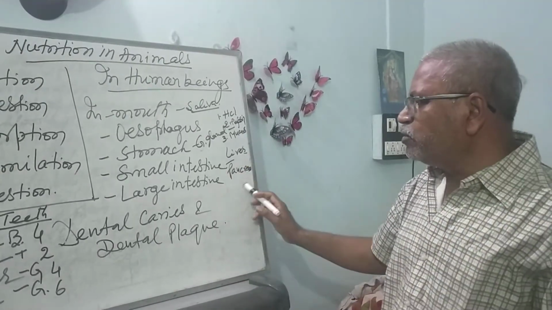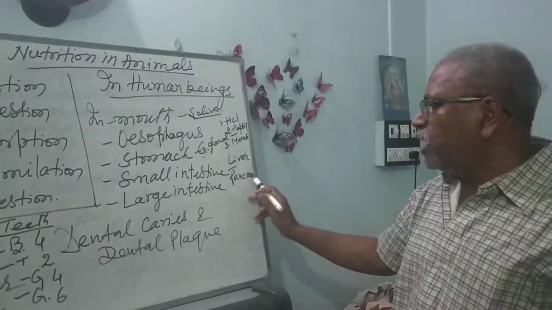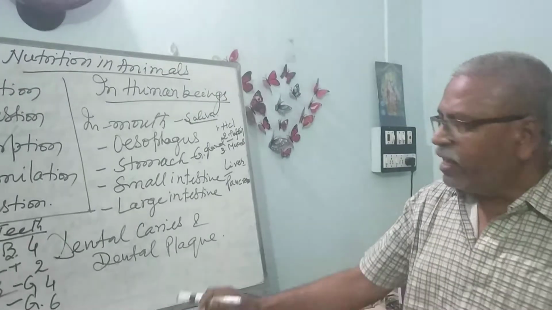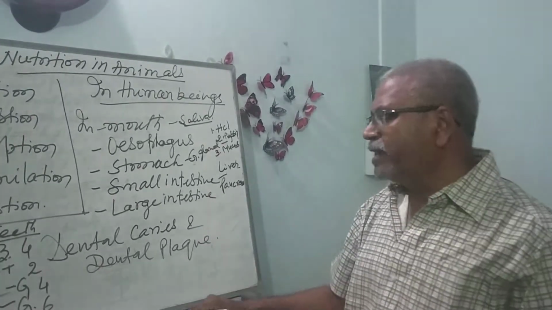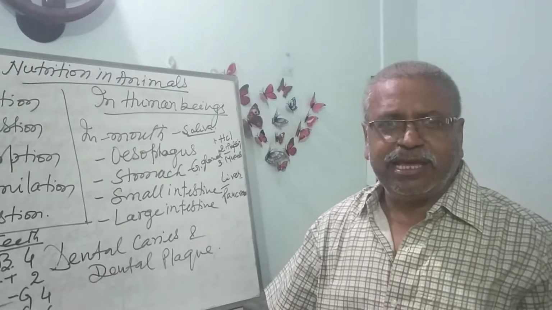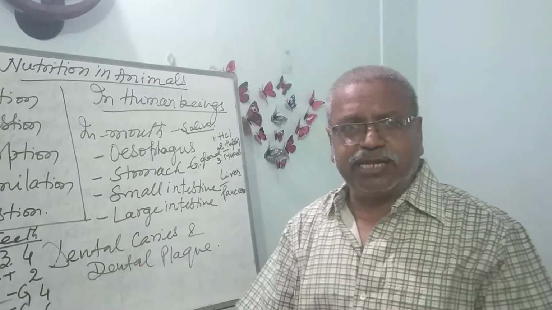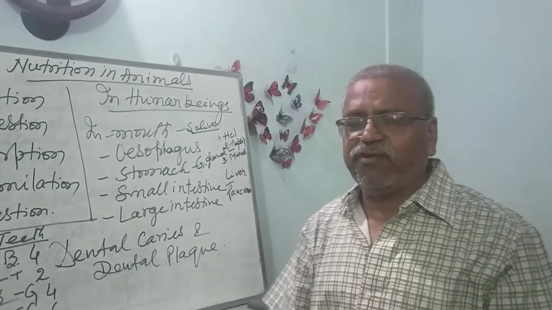The pancreas secretes pancreatic juice, and this pancreatic juice contains three types of enzymes: pancreatic amylase, lipase and trypsin. Amylase acts on the starch to convert into simpler glucose form.